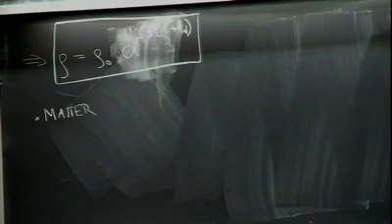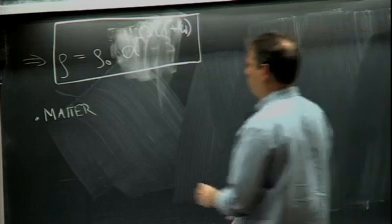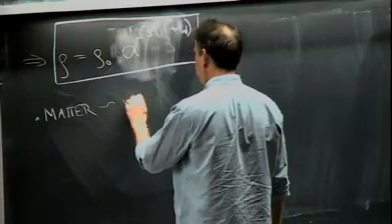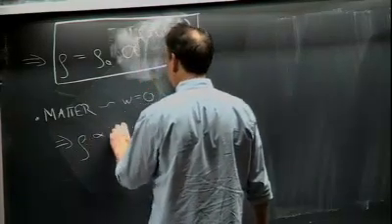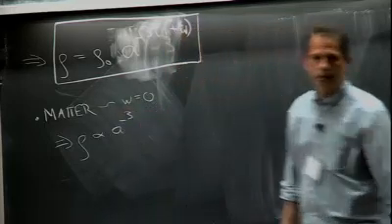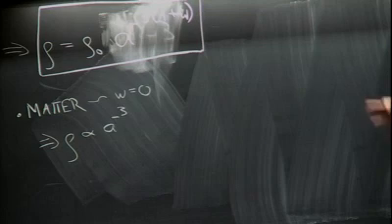So T over m for non-relativistic matter is very small, so w is effectively 0. That implies that the energy density of non-relativistic matter scales as a to the minus 3. And that makes sense, right? If the room is doubling in size, then the energy density would fall as the scale factor cubed, as the volume.